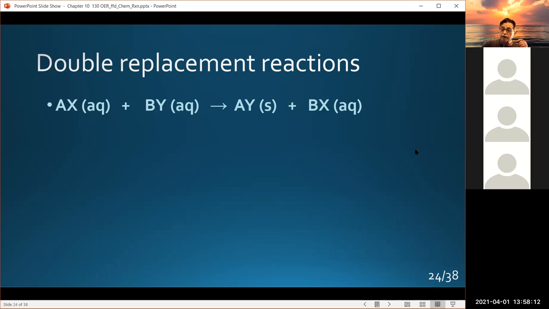You in effect have caused the cations and anions to change partners. So AX now becomes AY, and BY now becomes BX. In the solubility rules, BY happens to be insoluble, hence you got an (s). BX happens to be soluble, and since we're dealing with an aqueous solution, you got an (aq). This would indicate a positive reaction.